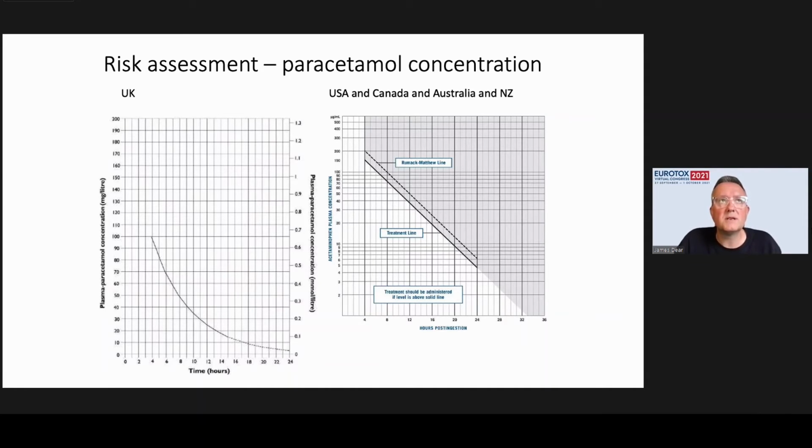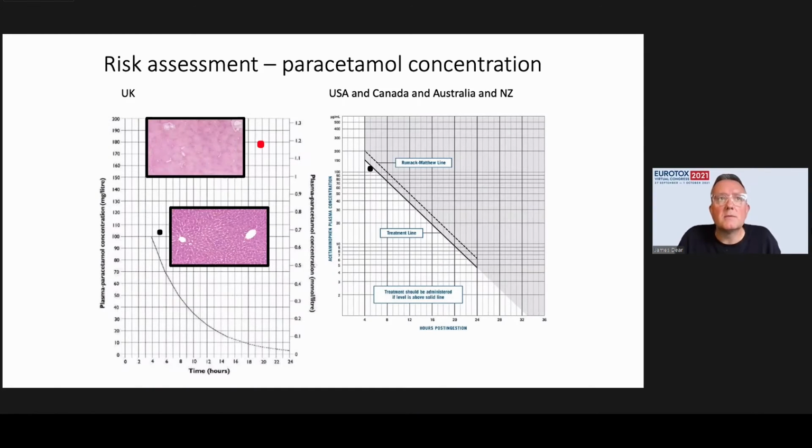On this slide, you can see the line we use in the UK on the left, the line used by most of the rest of the world on the right. So let's take some examples. Imagine the patient with the black dot. Let's call them Mr. Black. This patient has a paracetamol concentration of just over 100 at just over 4 hours, and they have a normal liver.